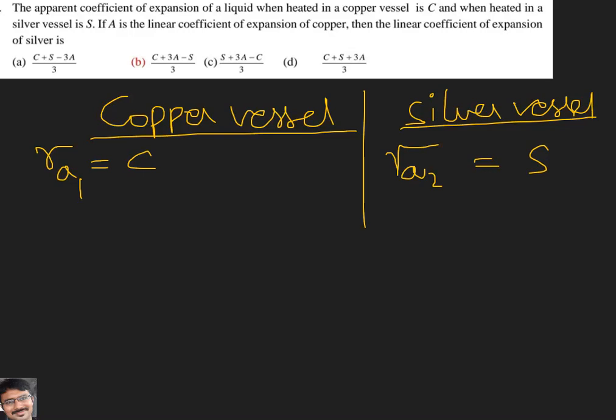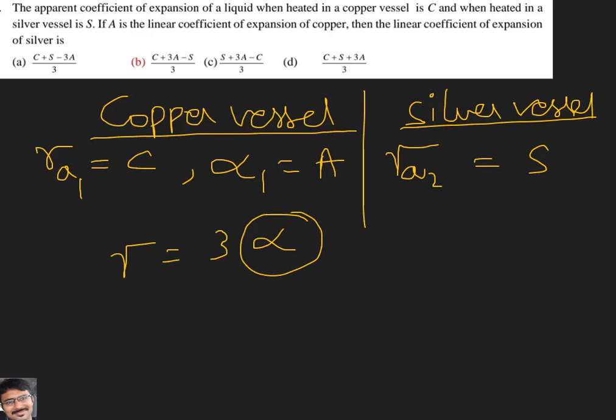Fine. Next they have given, if A is linear coefficient of expansion of copper, then linear coefficient of expansion of copper is given as A. We know that gamma is equal to 3 alpha. Alpha is called coefficient of linear expansion.